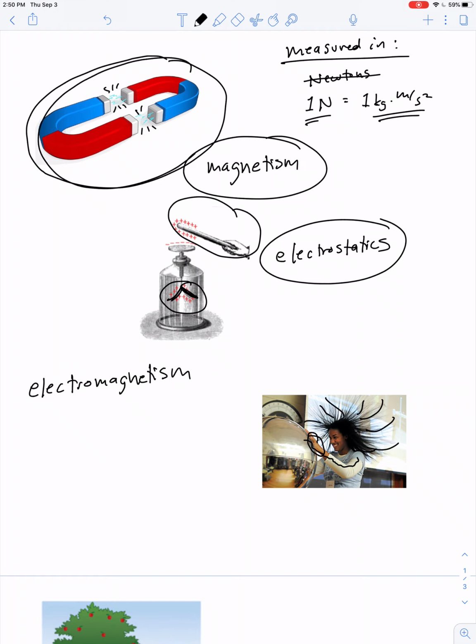All magnetic forces, in essence, are due to the interaction of charged particles in motion. And all electric forces, or electrostatic forces, are due to charged particles at rest. But because velocity is a relative quantity, if you're standing on board a train and you look at objects on a table next to you, you might say that they're at rest.